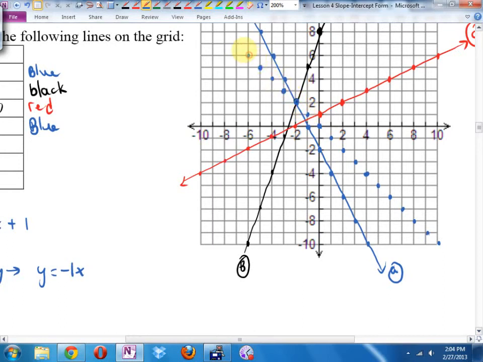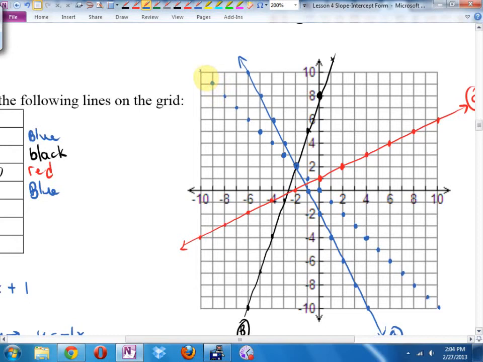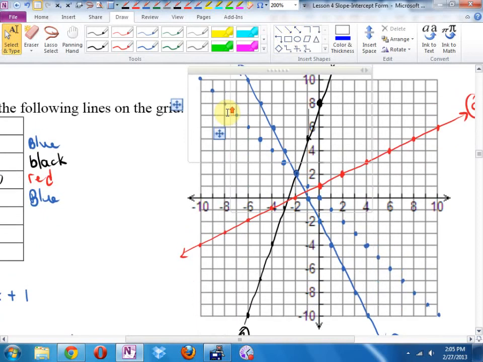Oh, it also crosses this line here. Cool. All right, Mr. Duick, let's see if you can try this. Go down. Yeah, that'll work. Click.